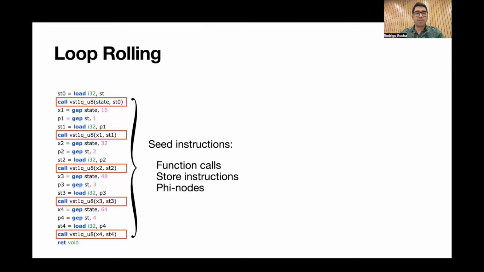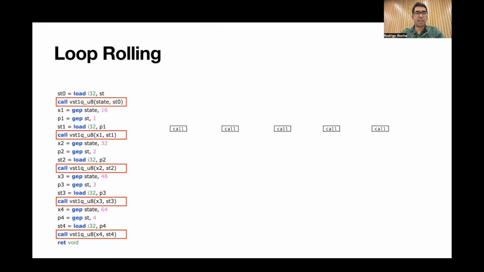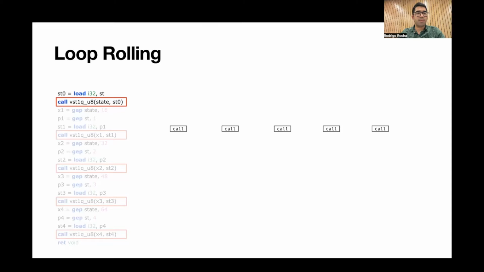And our goal here is to identify similarities that grow from these seed instructions. We look into the SSA graph that arises from these seed instructions. For example, the first seed instruction grows into this SSA graph.